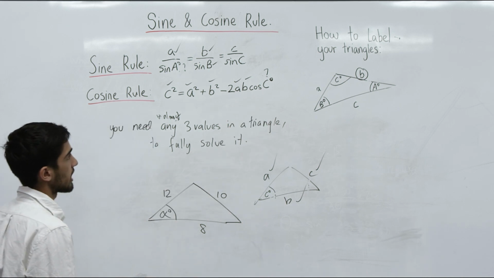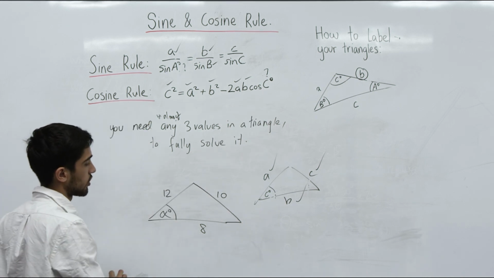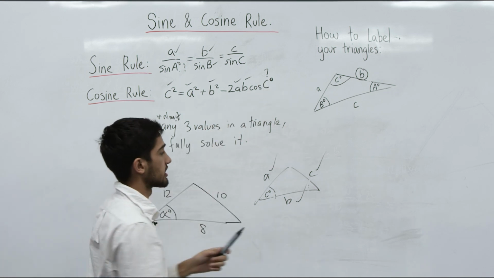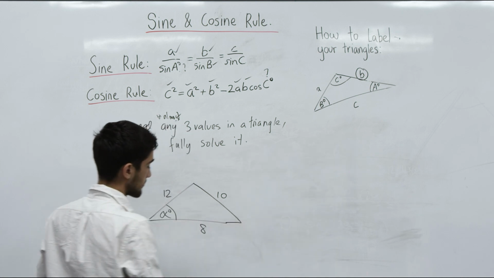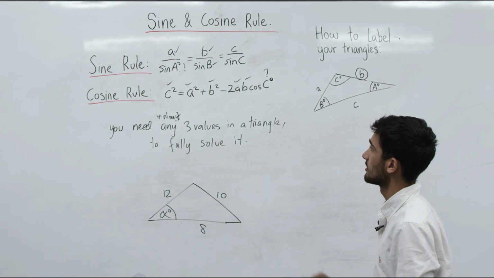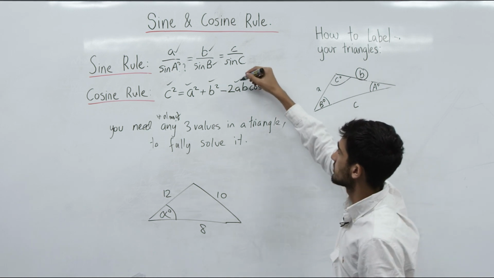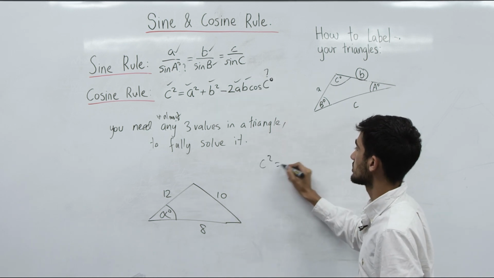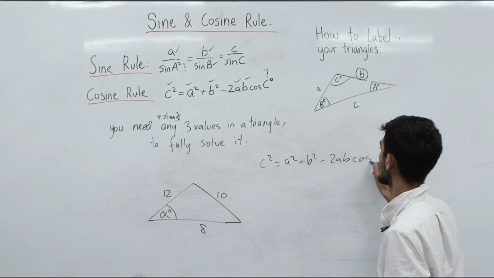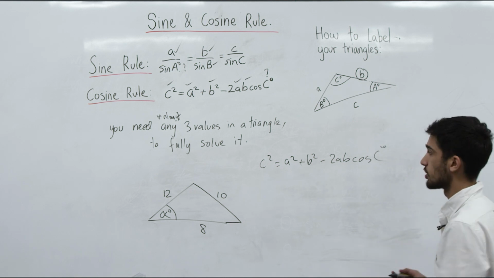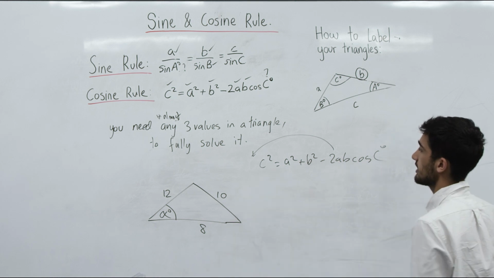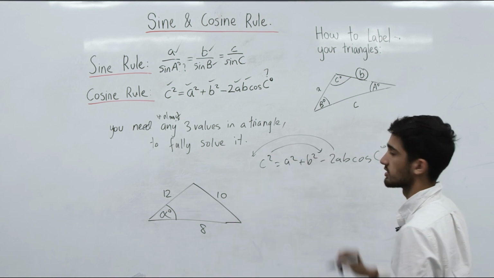The way we have to do that, though, is we have to rearrange the cosine rule to solve for the cos of C, and then we have to rearrange again to find the actual angle C. Using some simple maths, I'll just write it again. C squared equals A squared plus B squared minus 2AB cos of C. The way I would solve this is I'd bring minus 2AB cos C over to this side, and I'd bring positive C squared to this side.